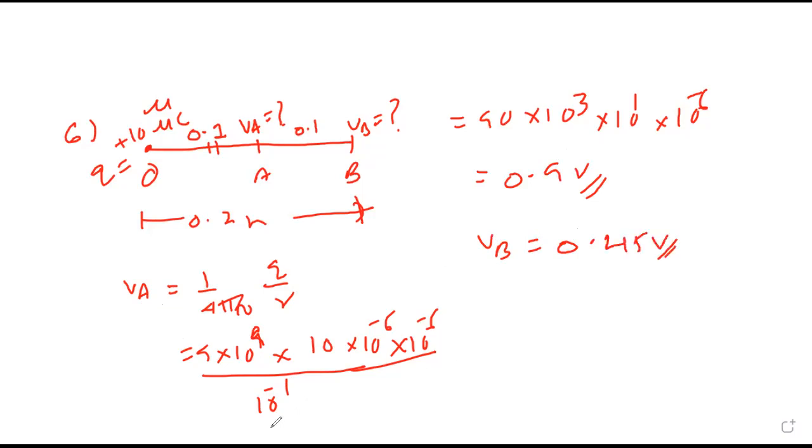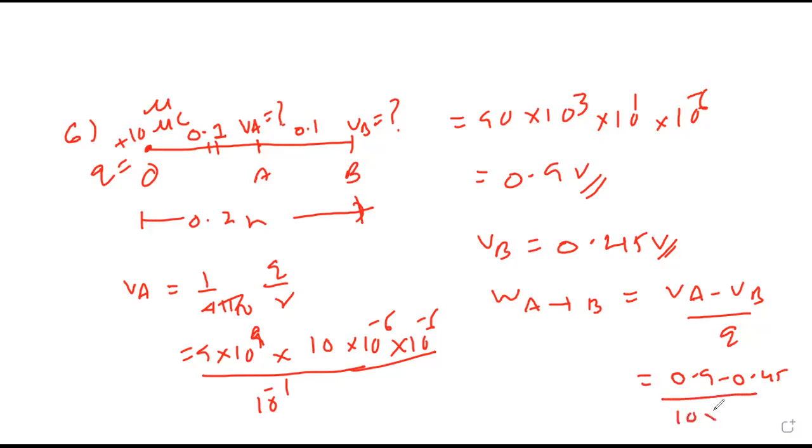Then they are telling work done in moving the same amount of negative charge from A to B. Work done to move the charge from A to B, if it is negative, then VA minus VB upon Q. VA is 0.9, VB is 0.45, and charge is 10 into 10 raised to minus 12.